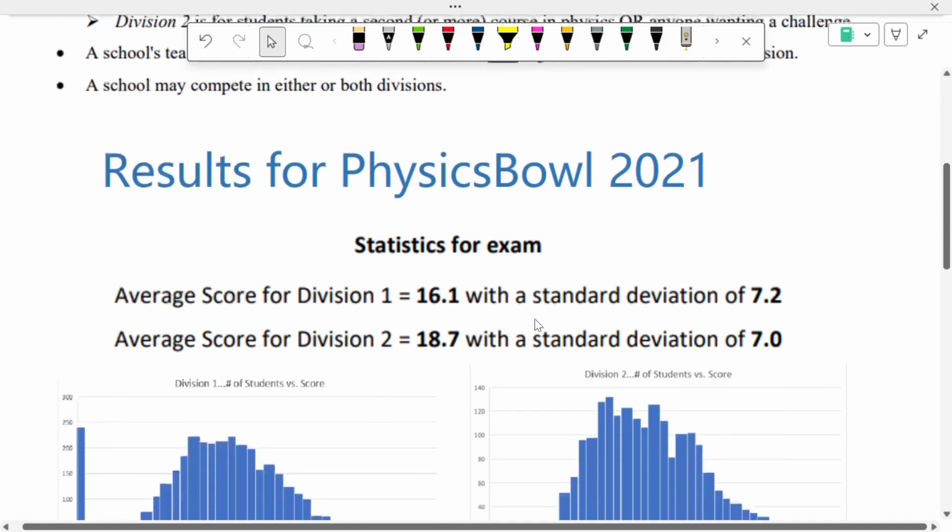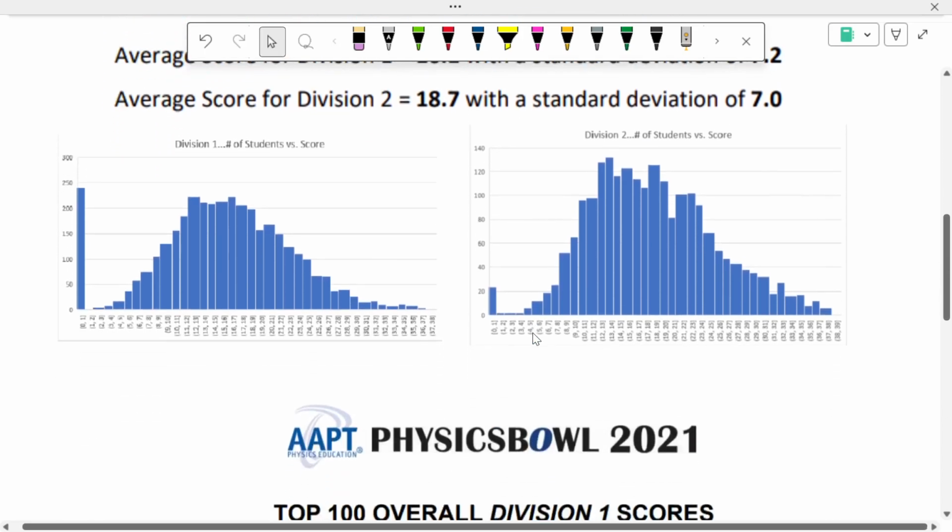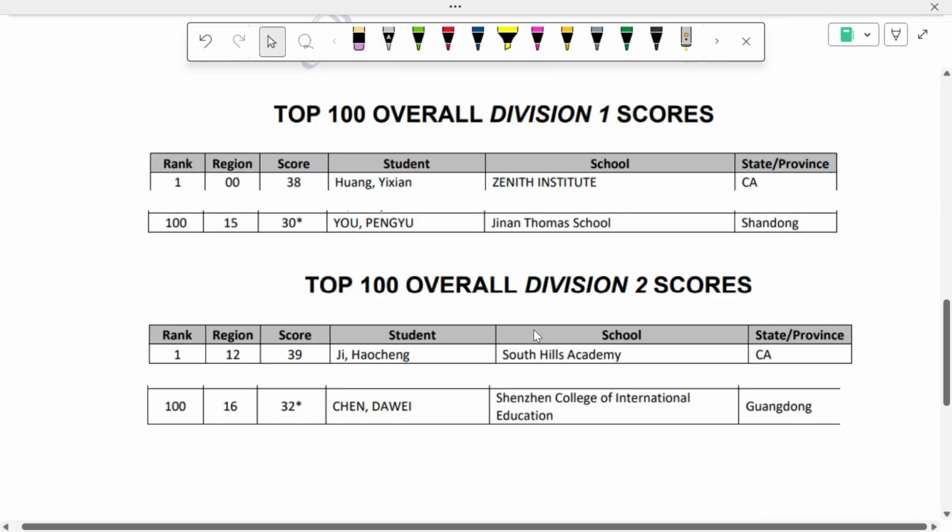Let's check the result of that year. You can see that the average score is around 60 to 70, and the distribution is pretty normal. Let's check the top scores, the top 100.